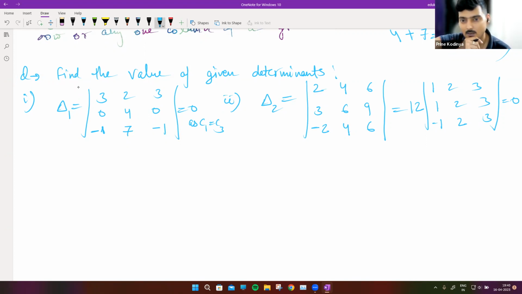So can we also get the value of a determinant as 0 if two rows or two columns are not identical? Yes, there are multiple determinants in which no two rows or no two columns are the same and they have the value 0. That can happen. But the value is always 0 when two rows or two columns are identical.